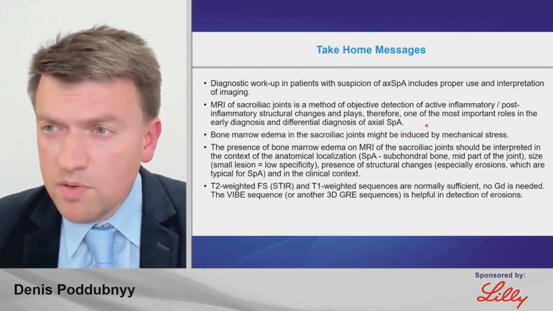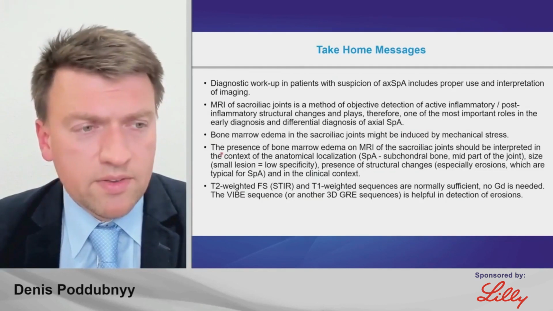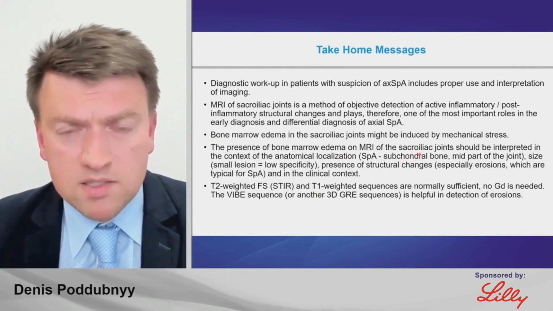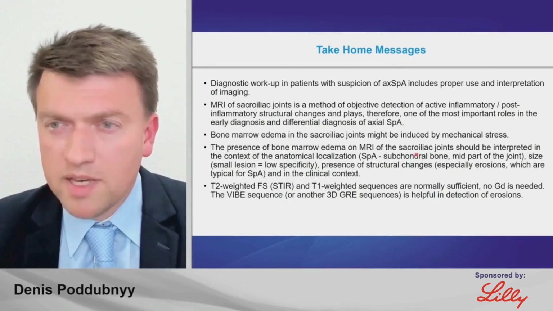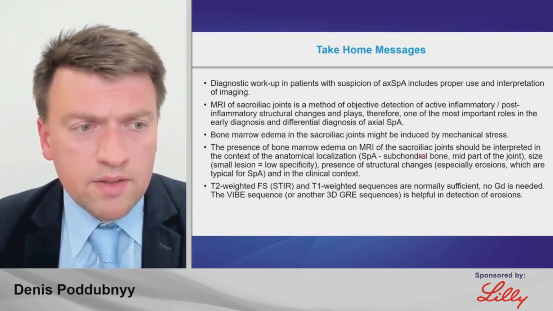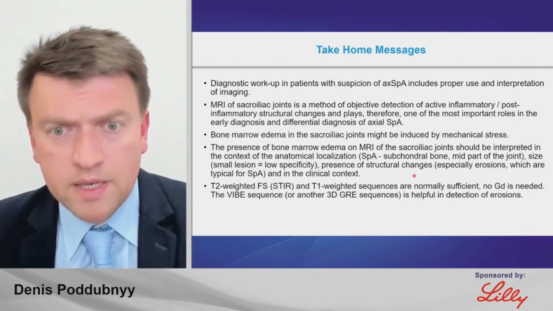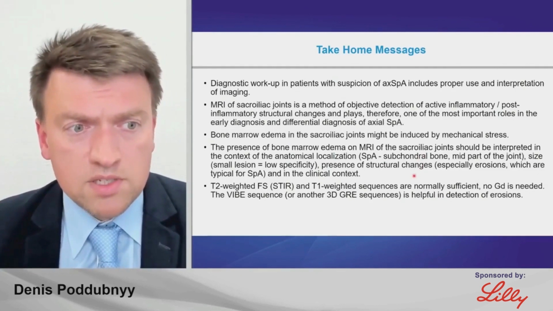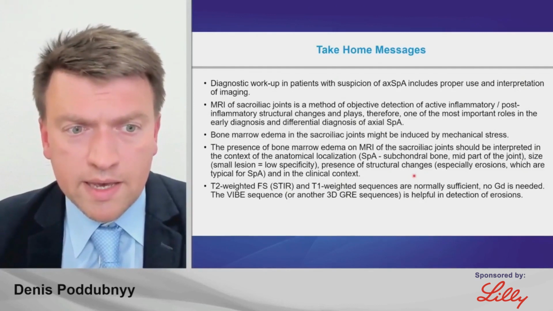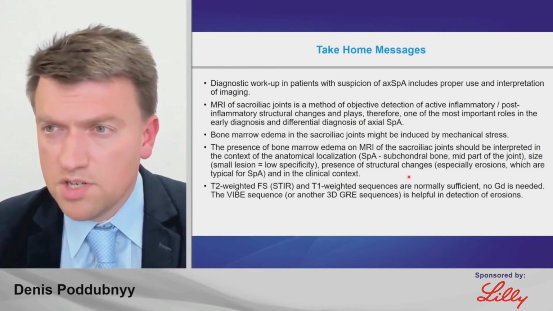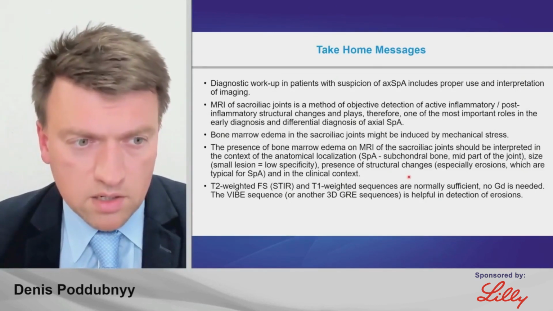It is very important to stress that bone marrow edema in sacroiliac joints might be related to mechanical issues, and the presence of bone marrow edema should always be interpreted in the context of anatomical localization and presence of structural changes, and of course in the clinical context.